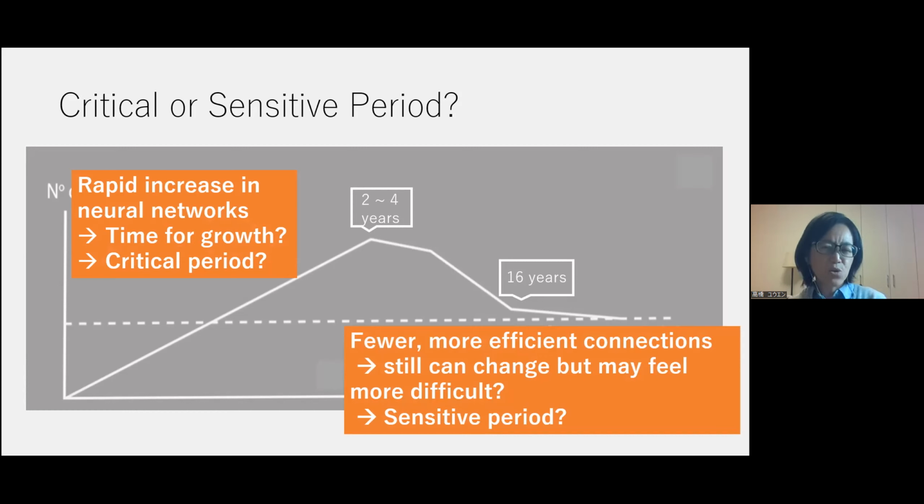And I wonder if that sort of coincides with what some people are saying, the sensitive period.